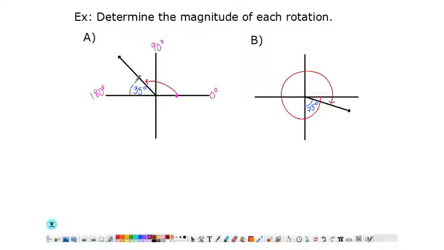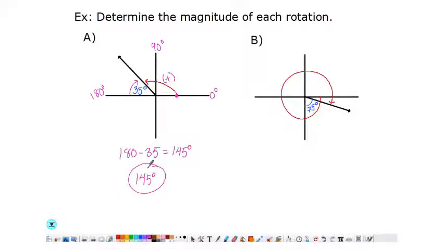It says that this right here is 35 degrees. So instead of going the whole 180, we're only going 35. We can also see that this is a counterclockwise rotation, so it's positive. To get our angle, we would do 180 minus 35, which is 145 degrees, and it's counterclockwise, so we're going to leave it as a positive 145.